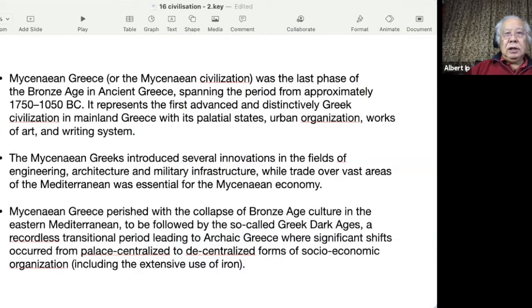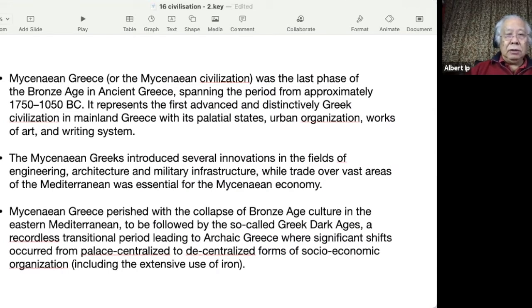It is approximately 1,750 to 1,000 BC. So we are talking about 3,000 to 4,000 years ago. These Greeks introduced several innovations in the fields of engineering, architecture, and military infrastructure, while trade, again, over vast areas of the Mediterranean was essential for their economy.